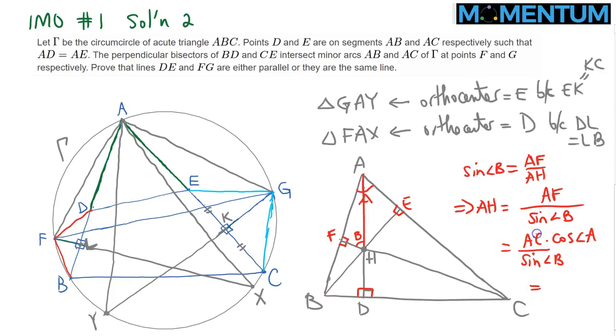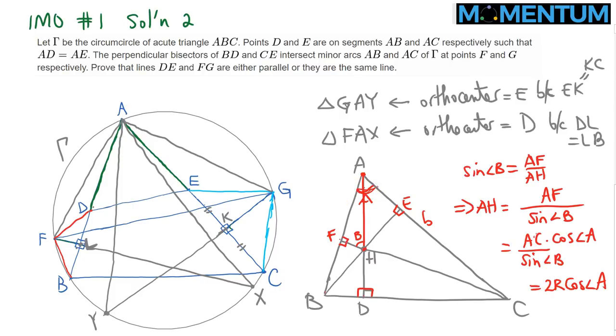AC over sine B. AC is just side b, divided by sine of angle B. That's just the extended law of sines. This is just 2R cosine of angle A. Aha! So therefore, the distance from a given vertex to the orthocenter is just 2R, 2 times the circumradius, times cosine of the angle at that vertex.